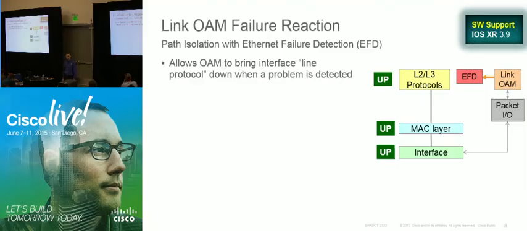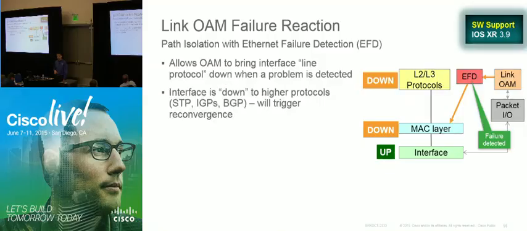No good. So we have this thing on the iOS XR called EFD. What it allows us to do is if I have detected a failure, if I've detected the timeout, for example, I stop receiving the OAM PDUs from the peer, I can shut down my MAC layer. And I can propagate to my upper layer protocols, saying, hey, this link's going down. But guess what? The link's actually physically still up.